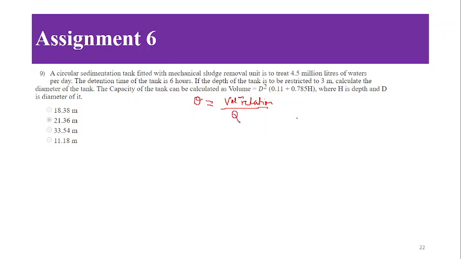So from this, if we rearrange this, we can find out the diameter of the settling tank. So how do you calculate that? Firstly, you change the units. If this is in hours and this is liter of water per day, you can convert.